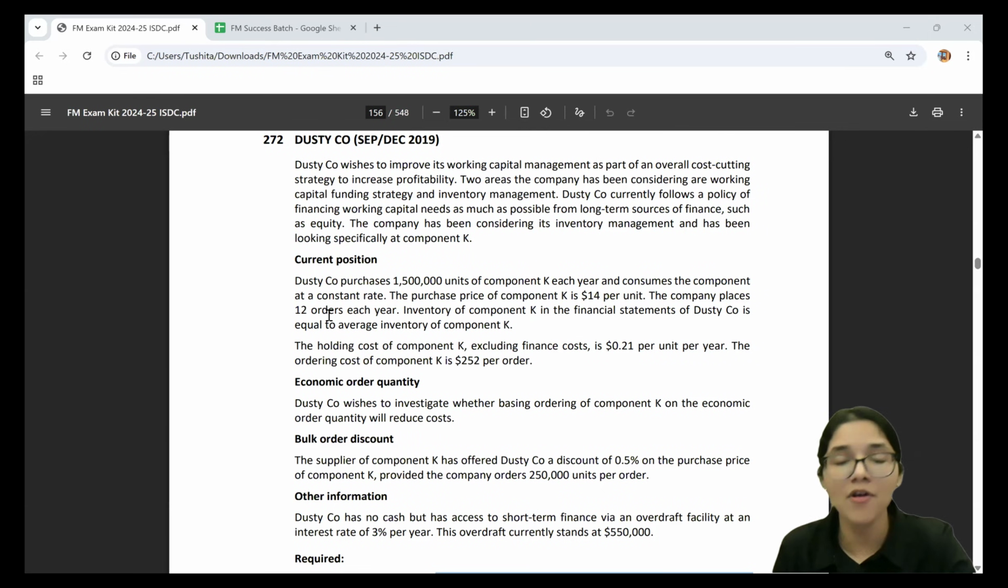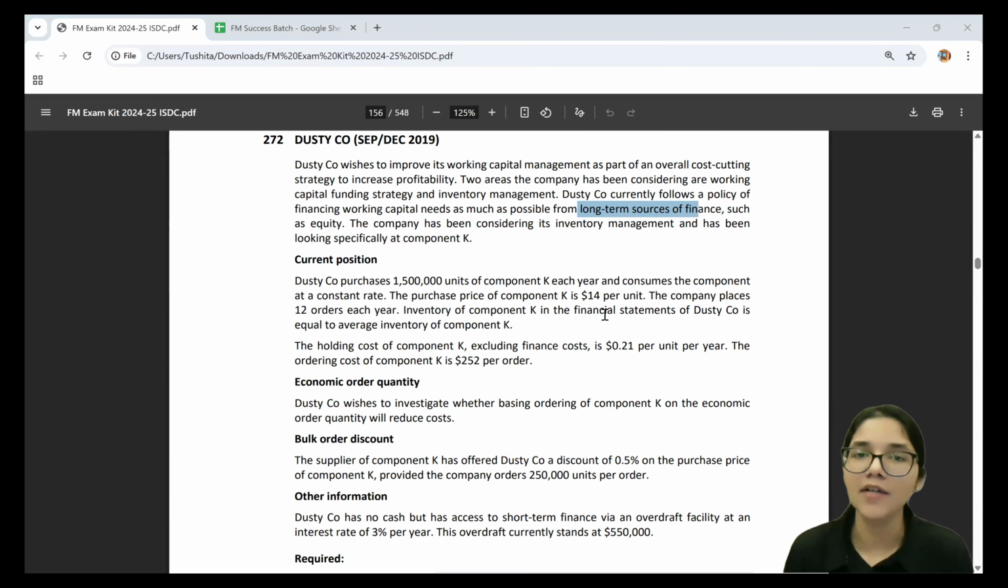I'm playing safe. I do not mind paying extra money as interest, but I want the safety. I do not want to take a lot of risk. So the strategy that the company is currently following, we can say that because they're using long-term sources of finance more and more as much as possible, that is how we get to know that the company is using the conservative approach.